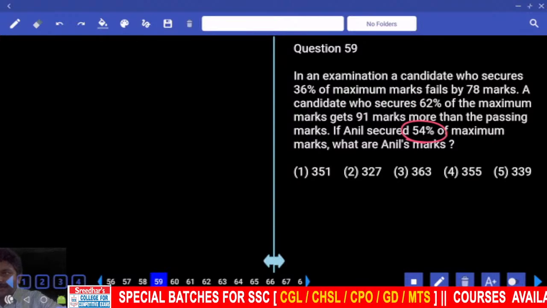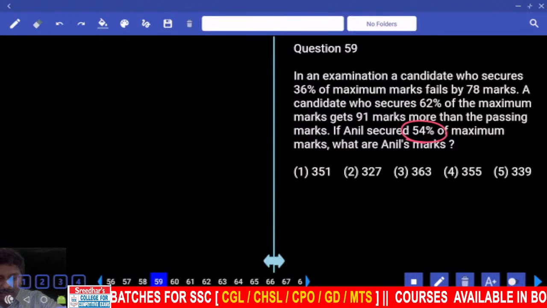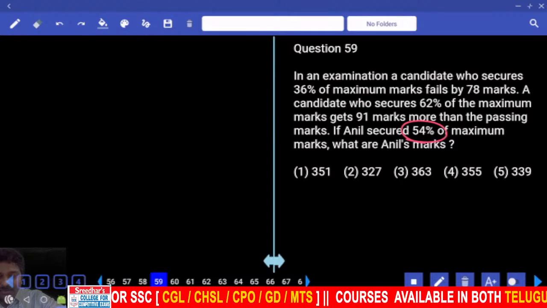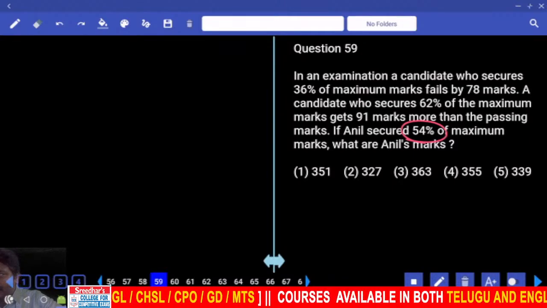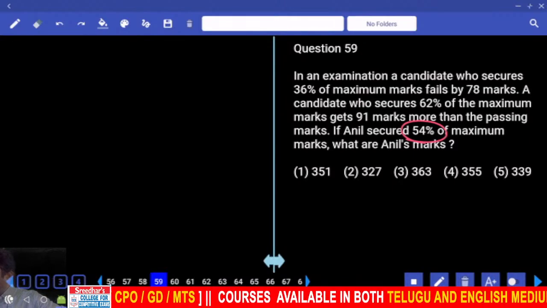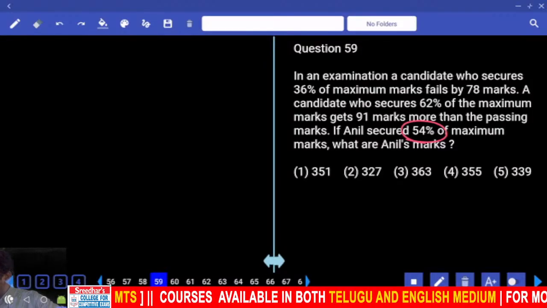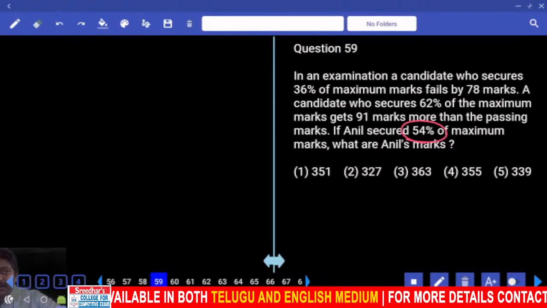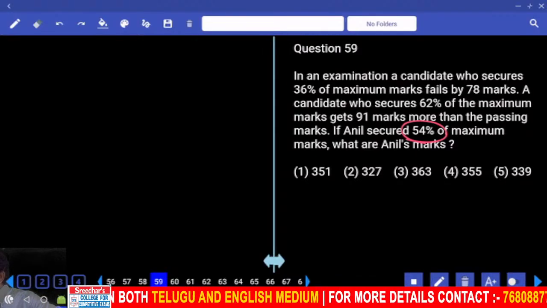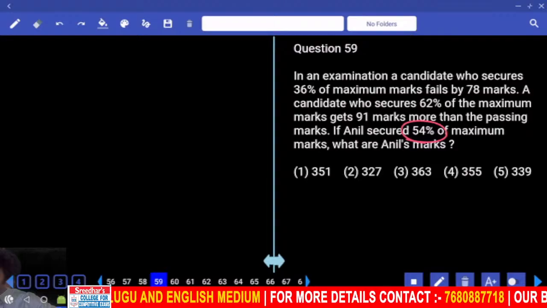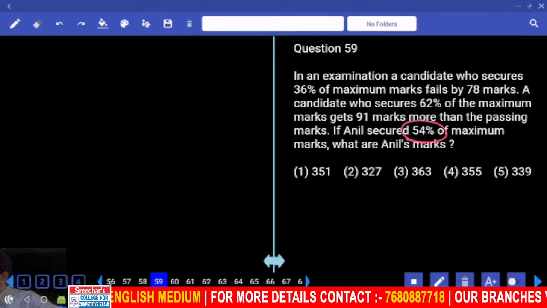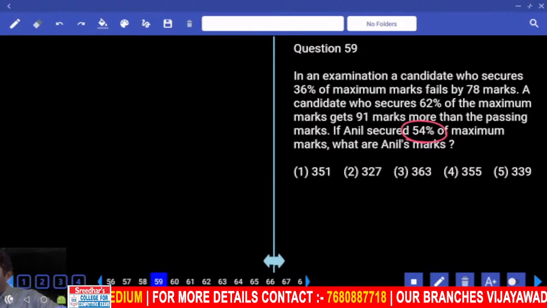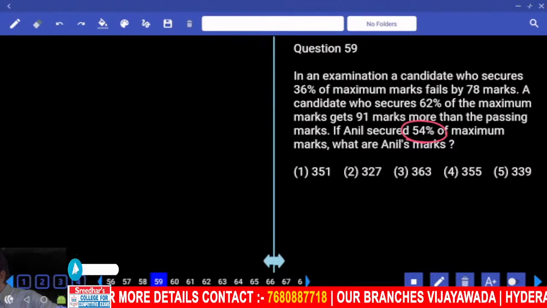Can it be the first option? Yes. Second? No. Third? No. Fourth? No. Fifth? No. There is only one. Even if multiple options are there, still you can verify it. The answer is how much percentage? 54. 54 is not only a 9 multiple, it is a 3 cube, 27 multiple also. You understand?